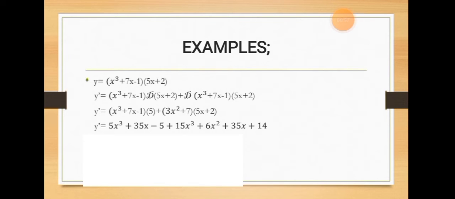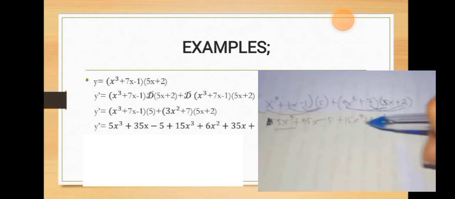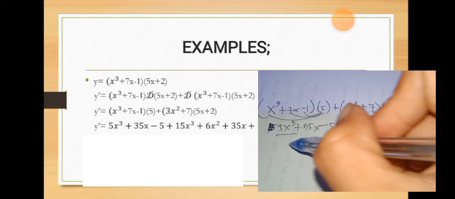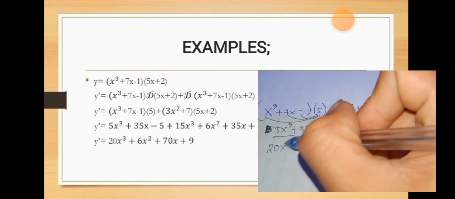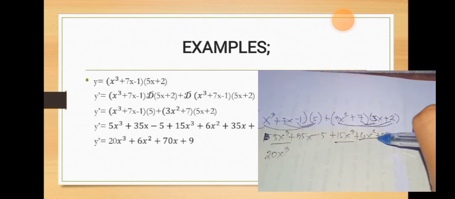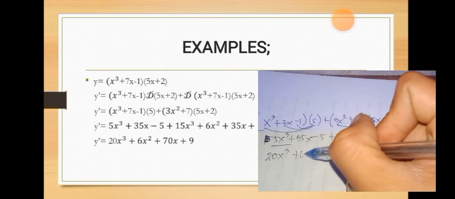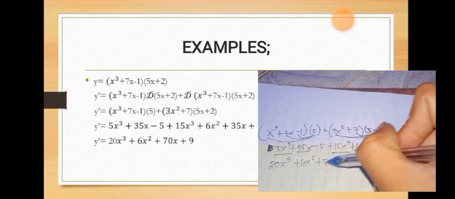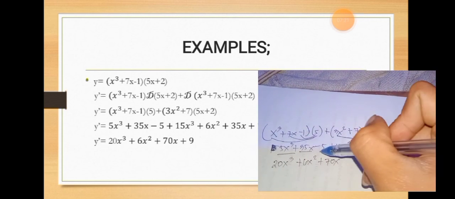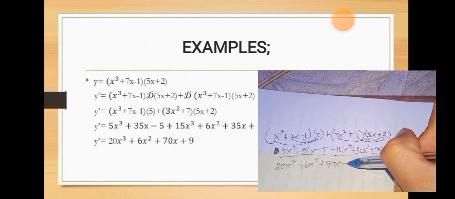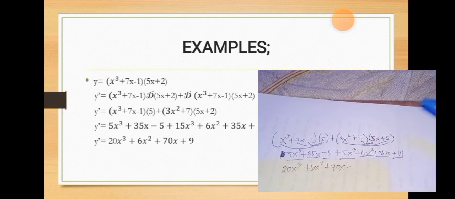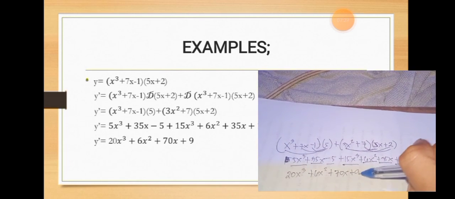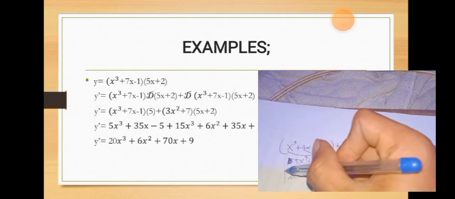Suppose we have common terms with power of 3. We have 5x cubed and 15x cubed, so we have now 20x cubed. And copy the 6x squared, because 6x squared is the only term in second power. Then the variable x: we have 35x and 35x, so we have now 70x.